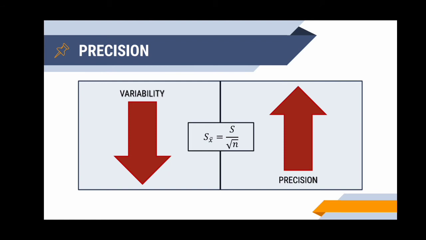And take note din na yung standard error varies inversely with the square root of the sample size. Kung gusto natin na mabawasan yung standard error given a particular standard deviation in the sample, then need nating increase ang ating sample size. Okay ba yon?